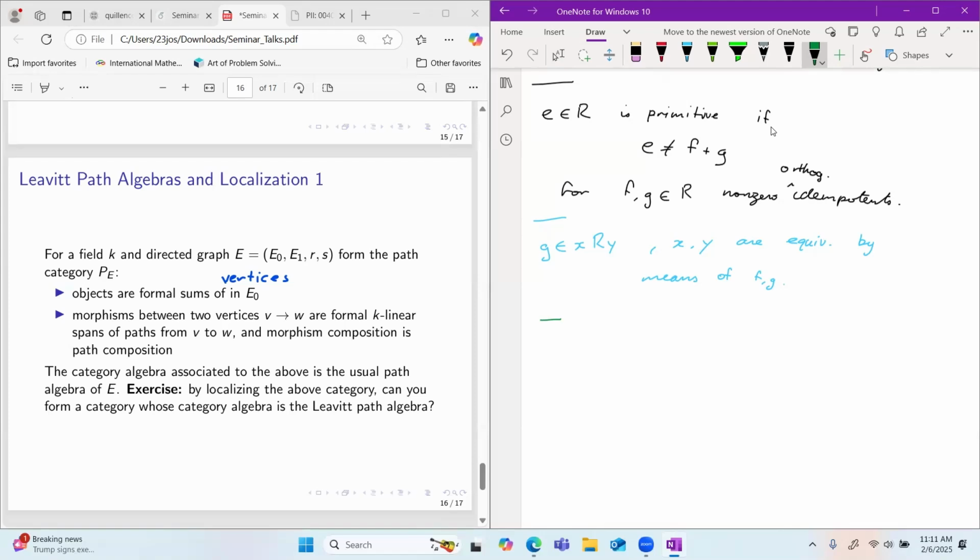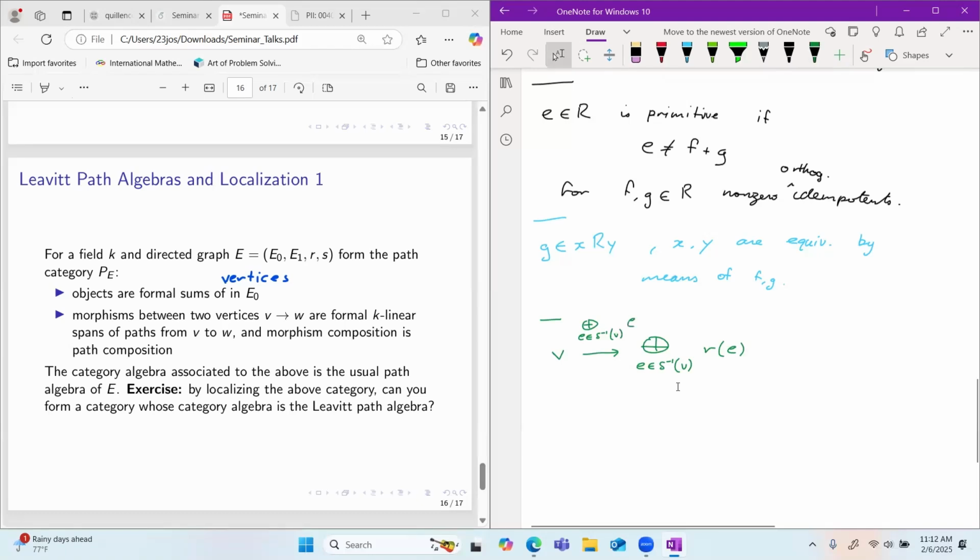We have a morphism from V to the vertices proceeding from V, via the direct sum of edges.